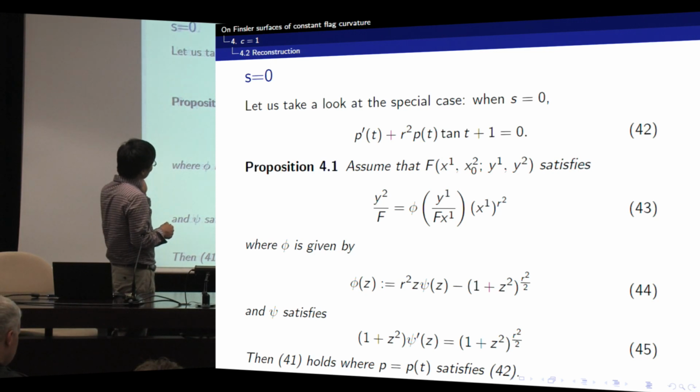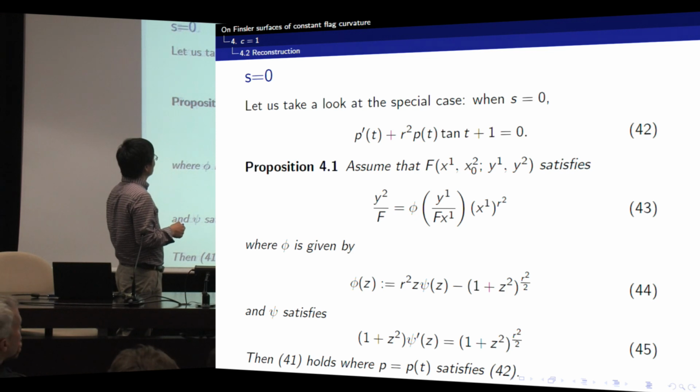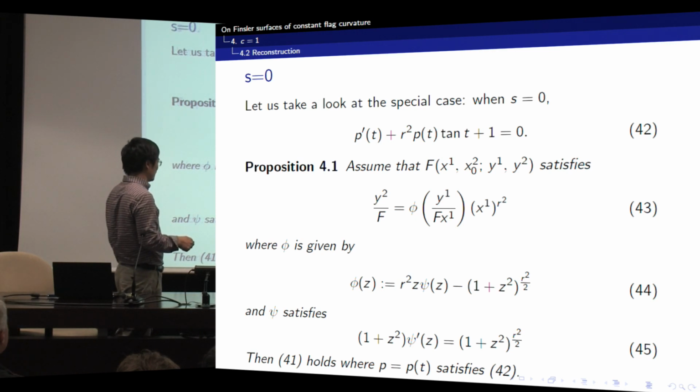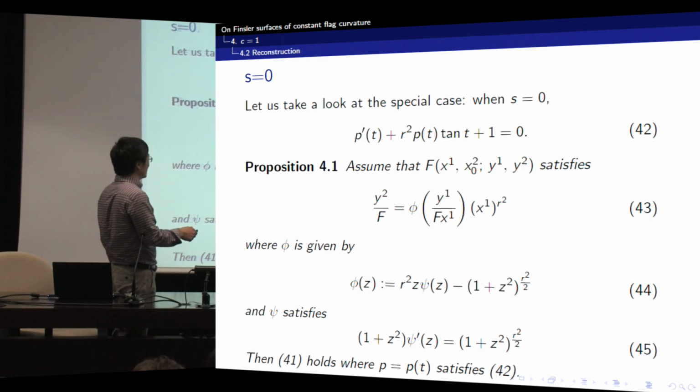Now we discuss Proposition 4.1. Assume that F(x1, x2, y1, y2) satisfies this equation, where phi is given by phi(z) defined by r squared z, and psi(z) is minus 1 plus z squared r squared over 2, and psi satisfies this equation.